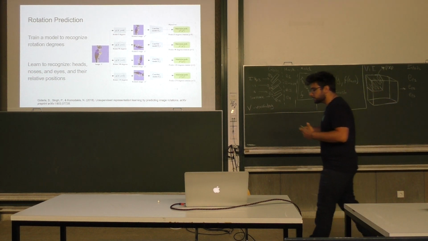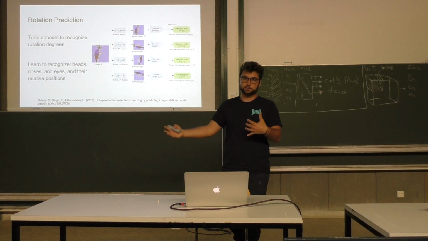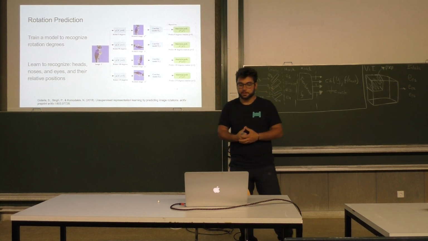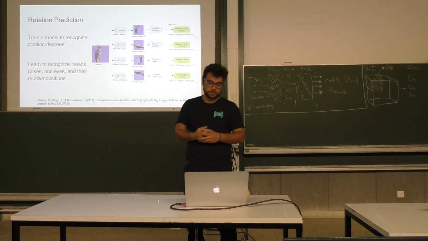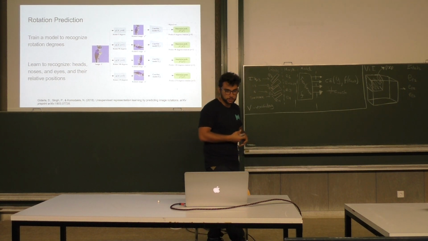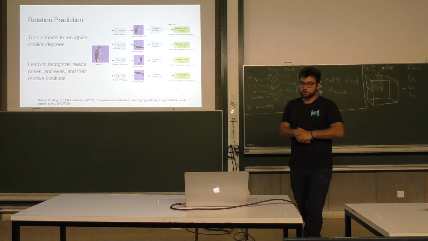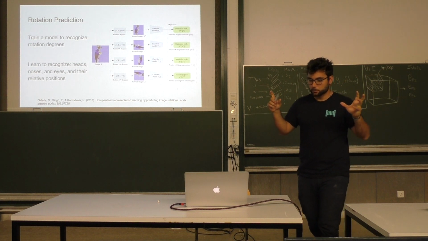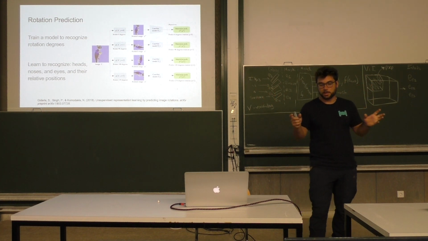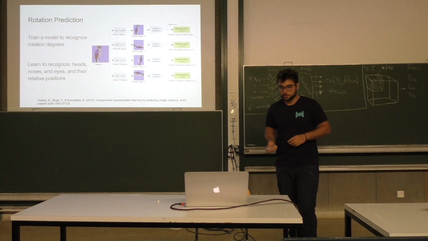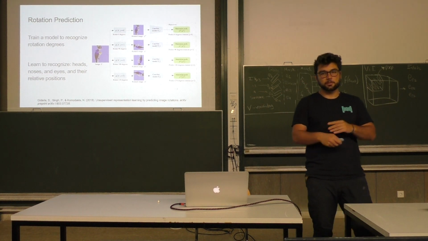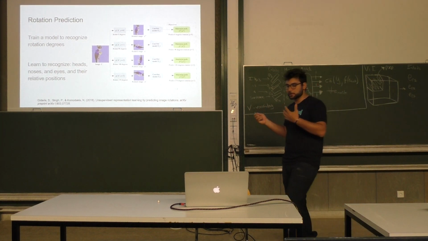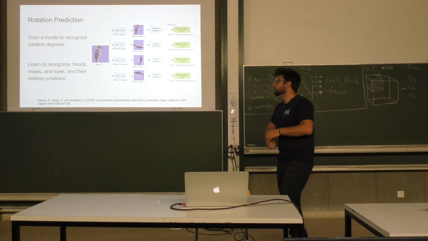Then we said, okay, let's apply some transformation and try to predict this transformation. We saw the best one with a wider applicability was this rotation prediction task from 2018. You also implemented this in the exercise. The intuition here is again that we learn to recognize some high-level concepts like nose, eyes, heads, but there is no guarantee, no theory behind it, and no information that this will lead to actual image understanding.